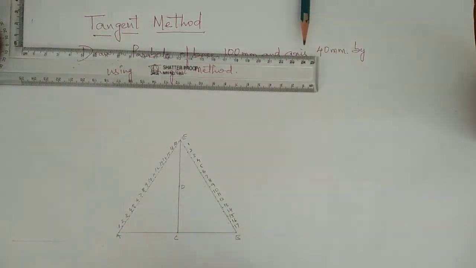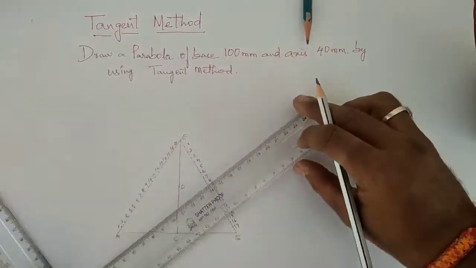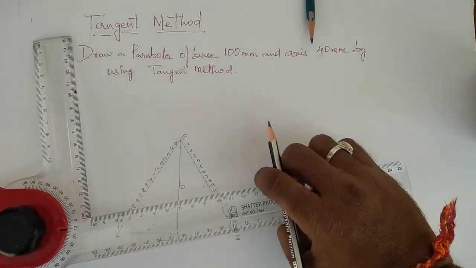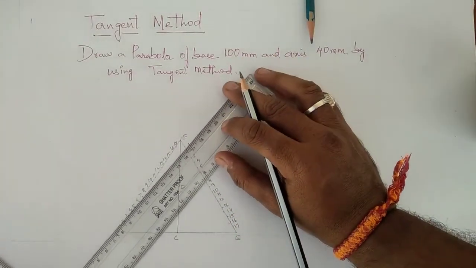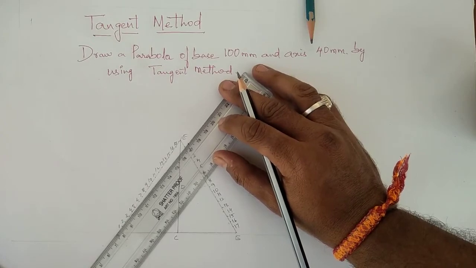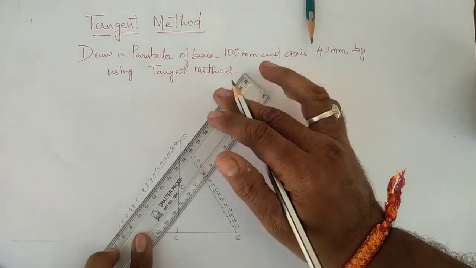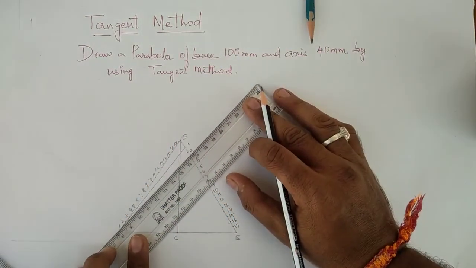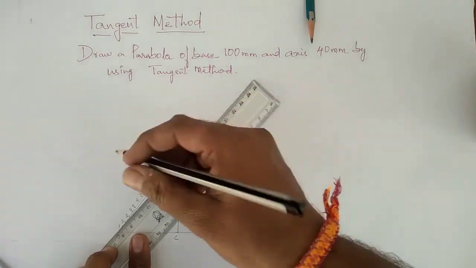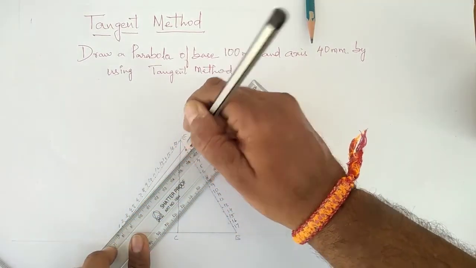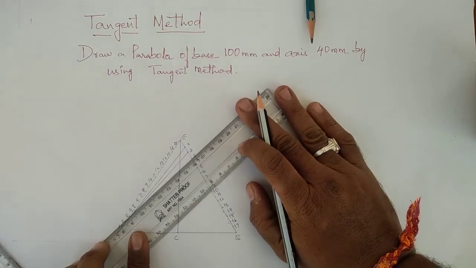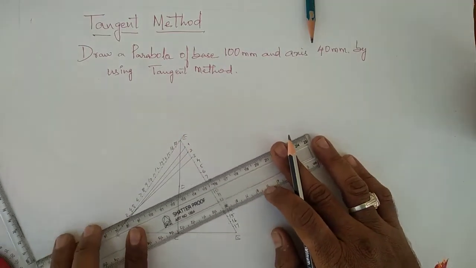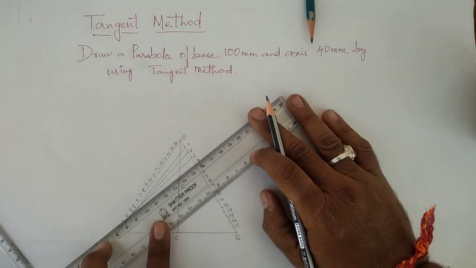Like that you do it using the HB pencil. 1 to 1, 2 to 2, 3 to 3, 4 to 4, like that.